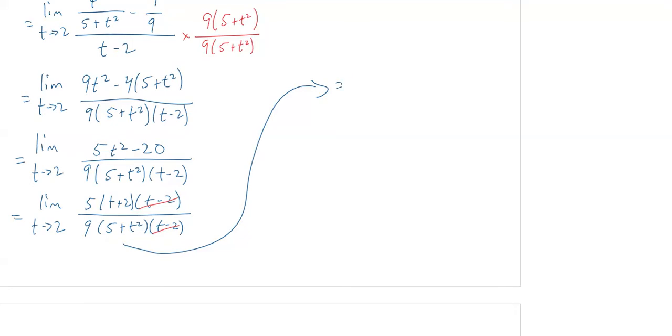All right, so this is the limit as t approaches 2 of 5 times t plus 2 over 9 plus t squared.